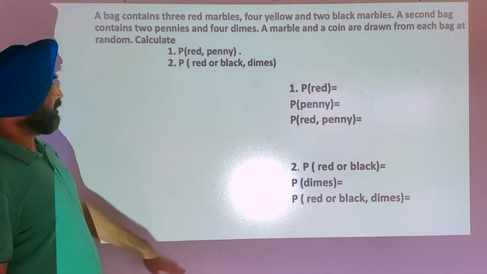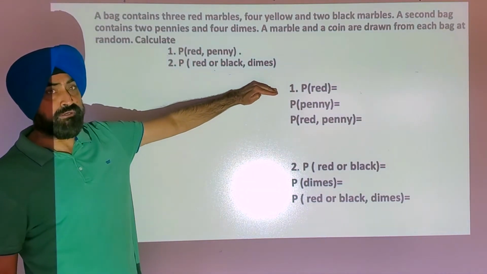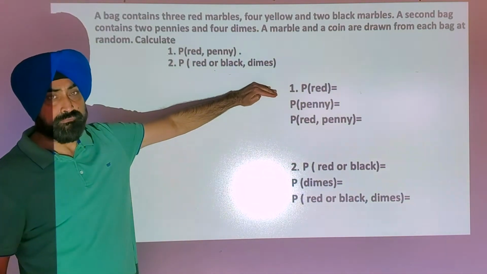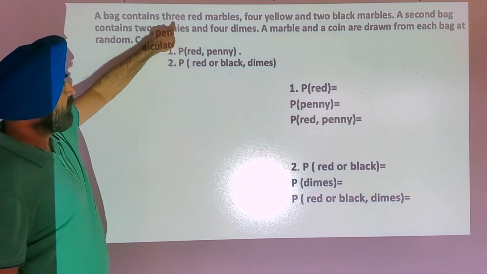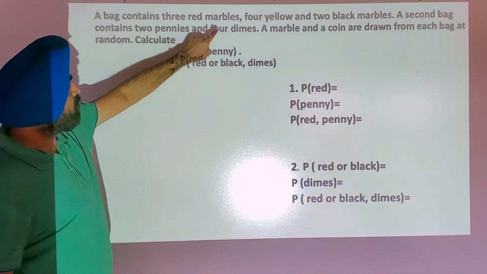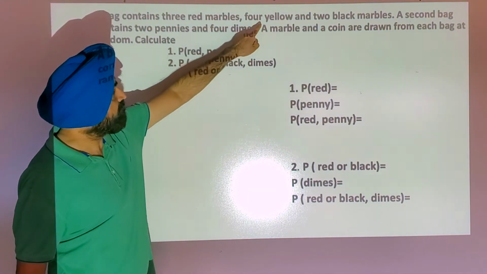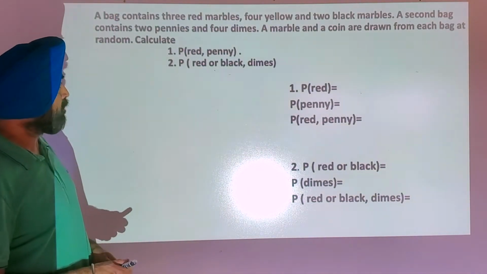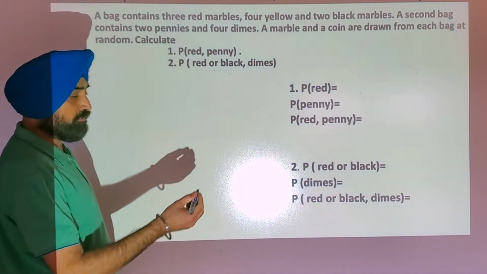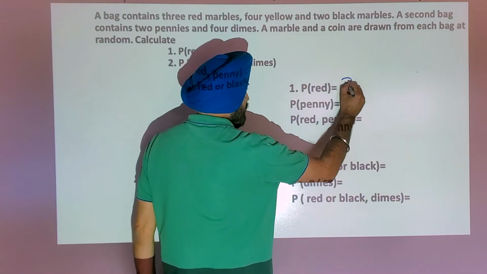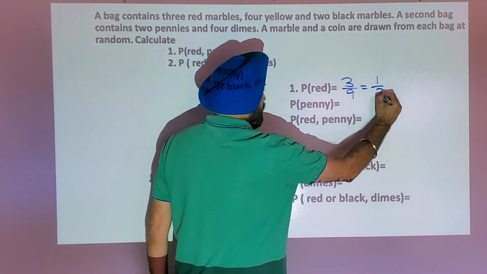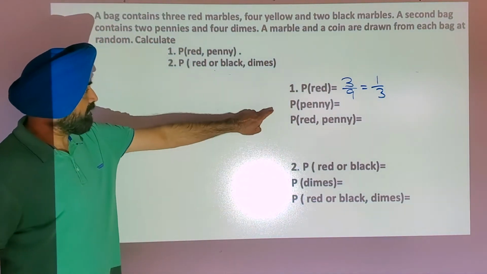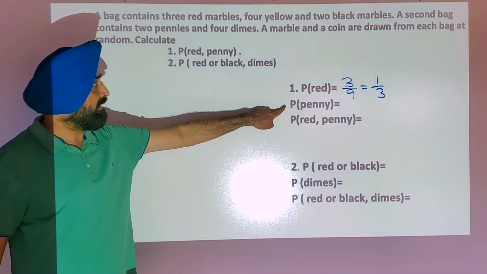So what we will do, we find the probability that red comes from the bag of marbles. How many red are there? 3, right? And how many total? 3, 4, 7, and 2, 9. So the probability that red will come is 3 over 9. You can reduce this to 1 over 3. Then find the probability that a penny will come.